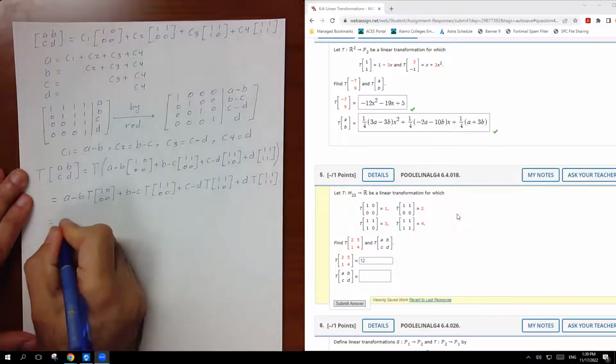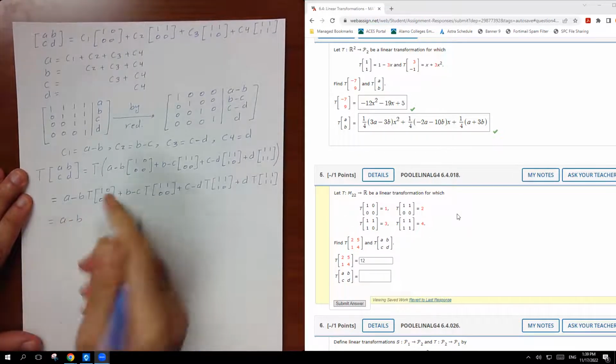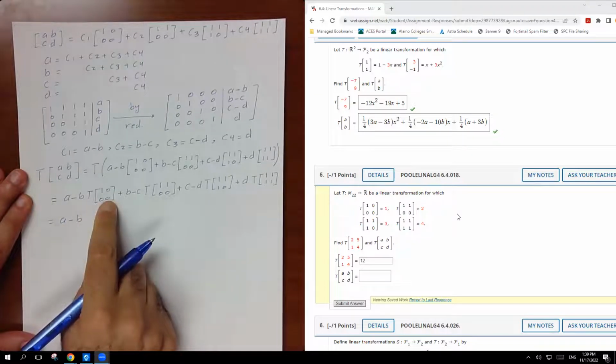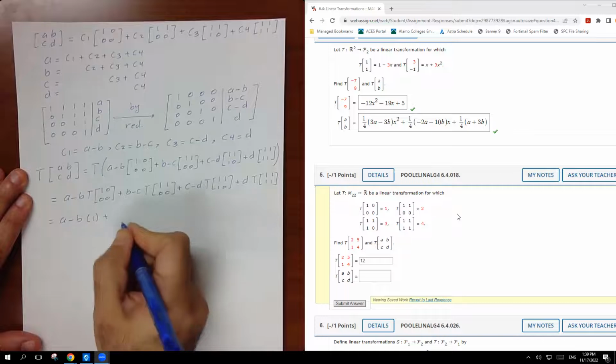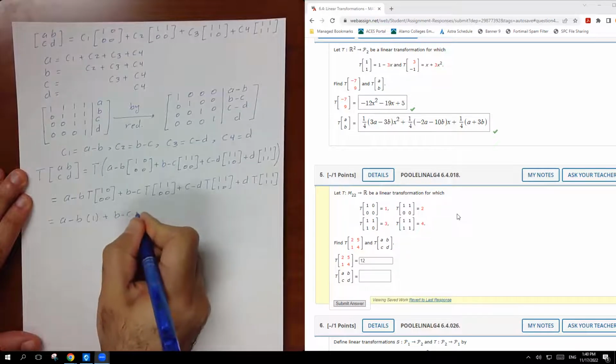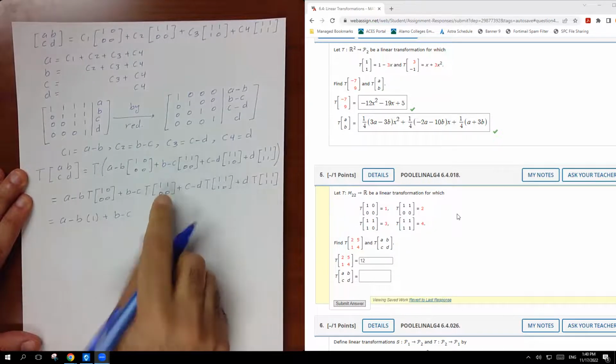Then this one is going to be equal to A minus B, the transformation for the first one, which equals 1, plus B minus C, the transformation for the second matrix, which equals 2.